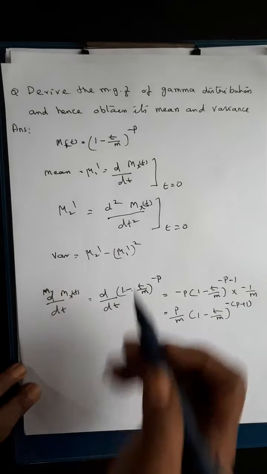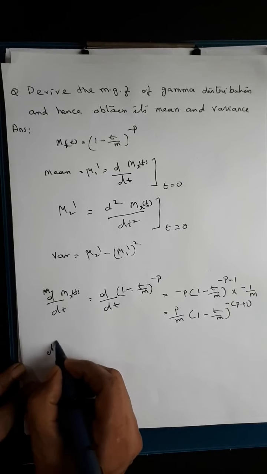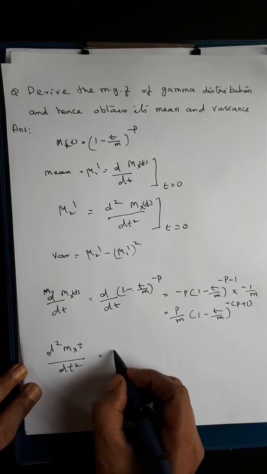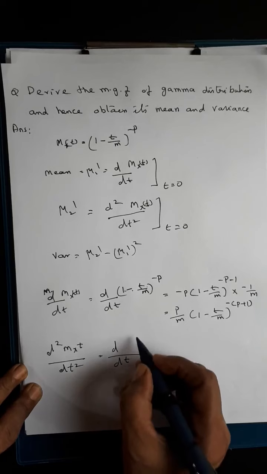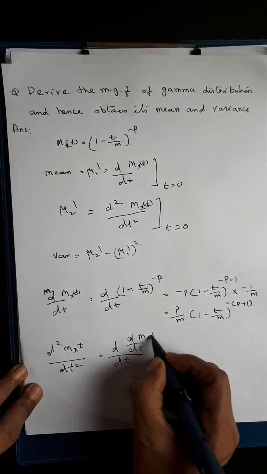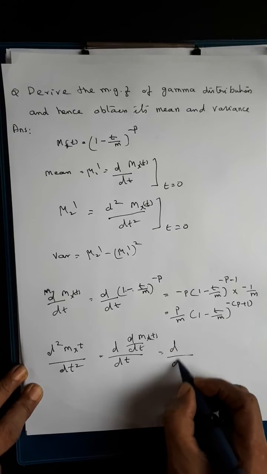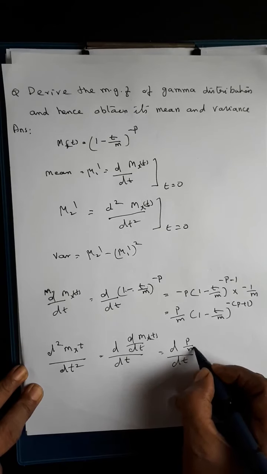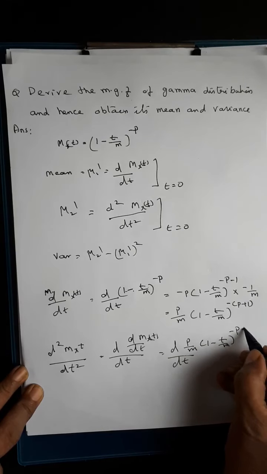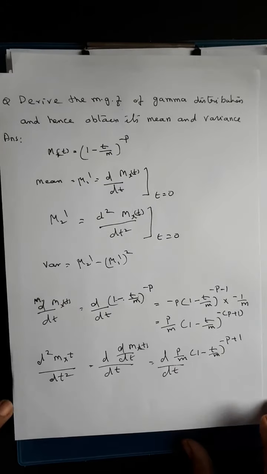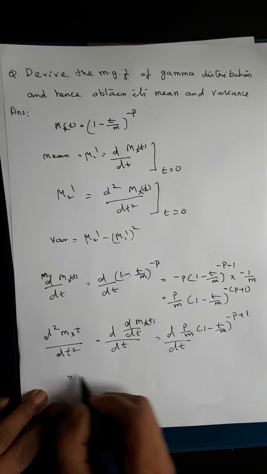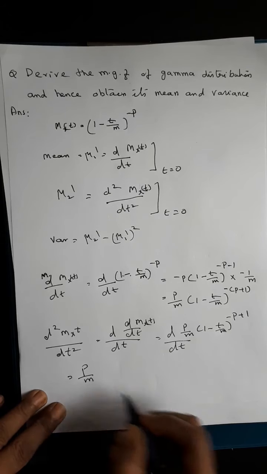Then let us find the second order derivative. d square Mx(t) by dt square, that is d by dt of d by dt of Mx(t), that is d by dt of p by m into 1 minus t by m raised to minus p plus 1, which is equal to p by m. It's a constant, take outside.